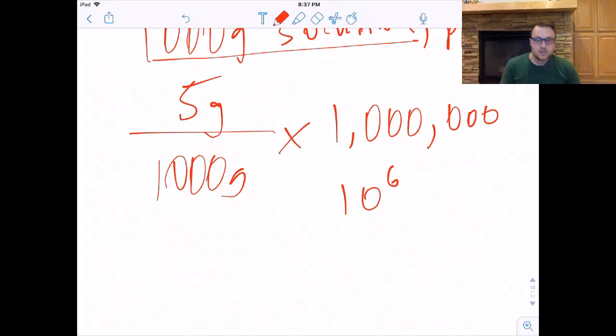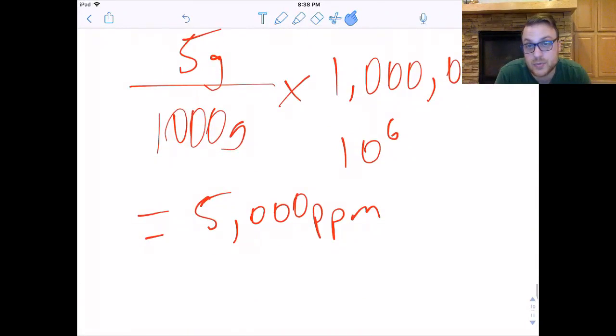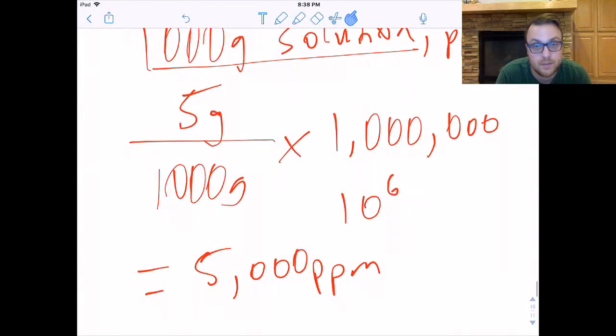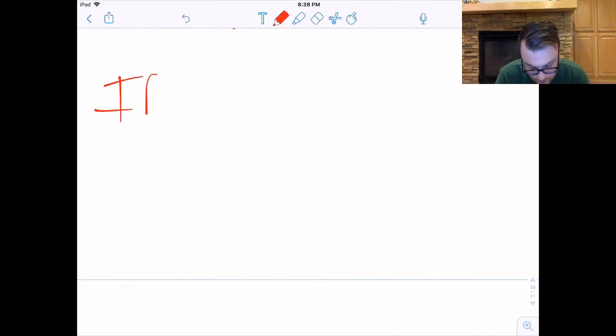They also sometimes will ask you to solve a problem given parts per million. So if 5 parts per million, a 2,000 gram solution, and I'm abbreviating these questions to make it quicker.